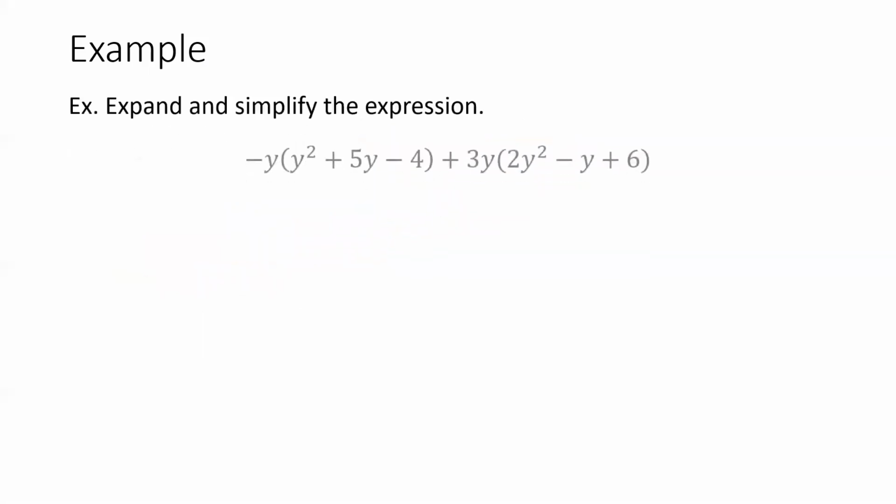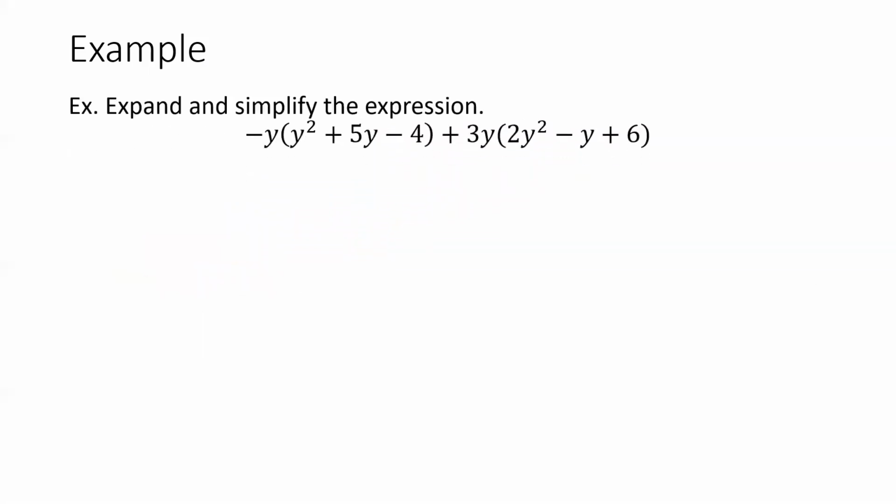Let's look at another example here. So we have -y, and then in brackets multiplied by y squared plus 5y minus 4, and then plus 3y multiplied by 2y squared minus 5 minus y plus 6. So again, going through the steps here, we're going to have negative y multiplied by y squared.